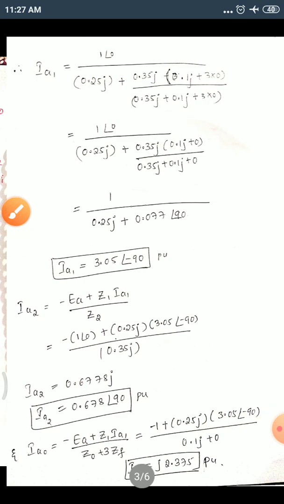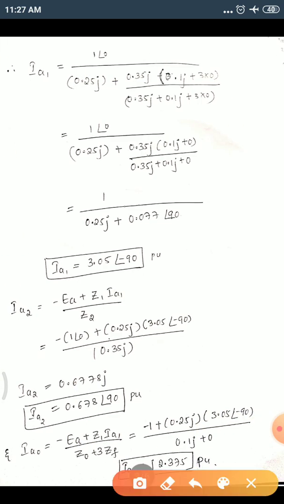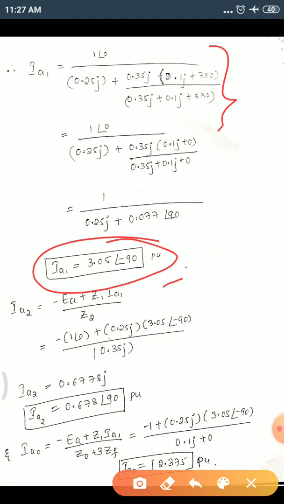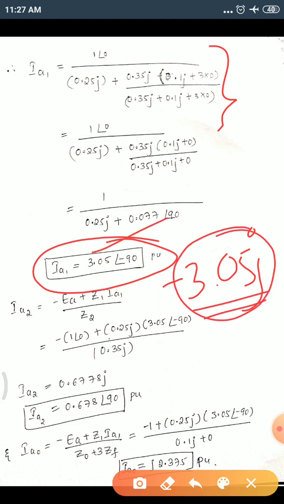By substitution and simplification, you get IA1 equal to 3.05 at an angle of minus 90 degrees, or it is nothing but minus j3.05 also. This is in rectangular form and that is in polar form.